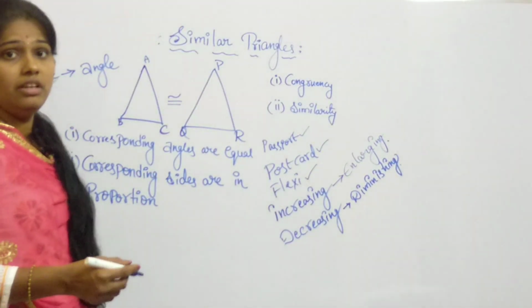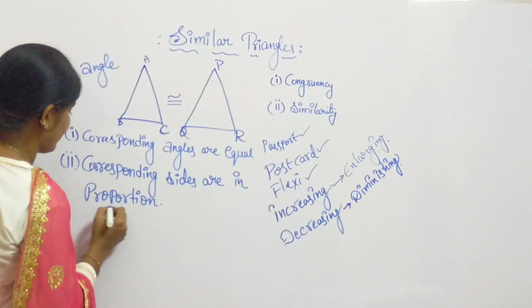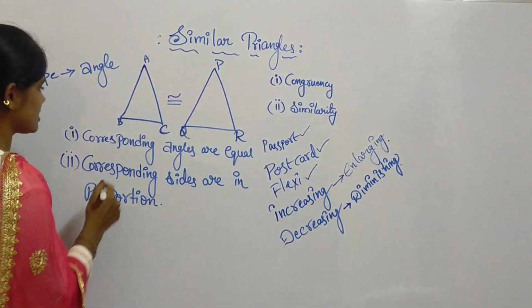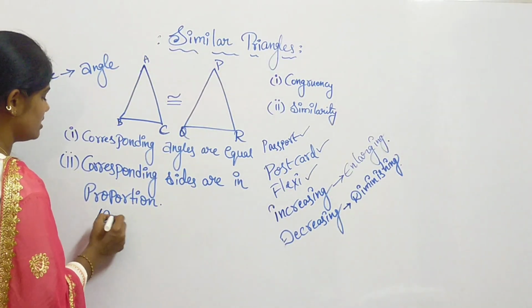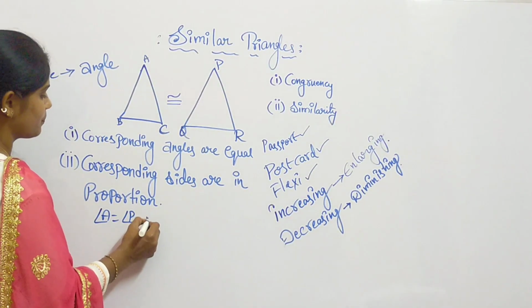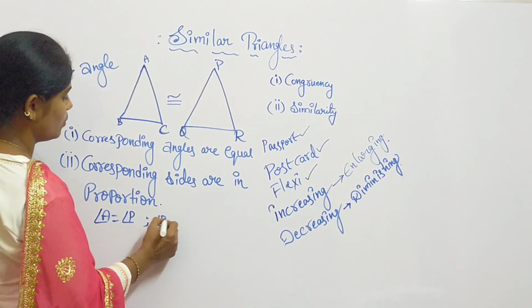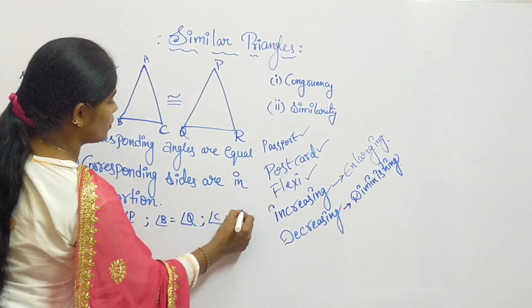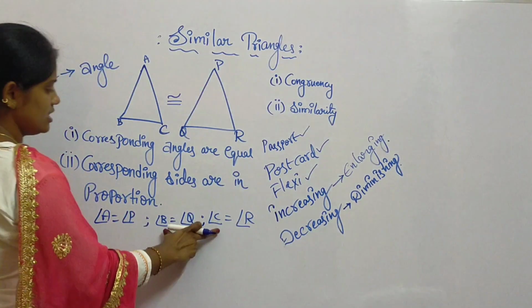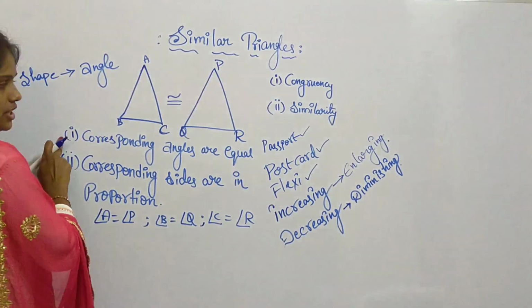Proportion means having equal ratio. That we can write for these two triangles as corresponding angles are equal means angle A is equal to angle P, angle B is equal to angle Q, and angle C is equal to angle R. This represents the first condition.